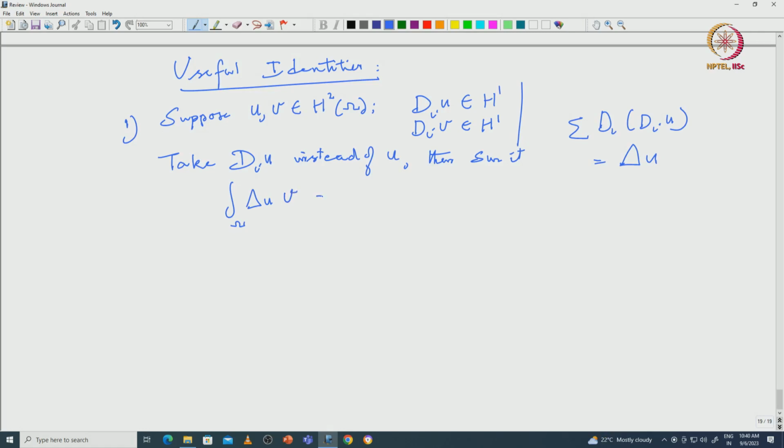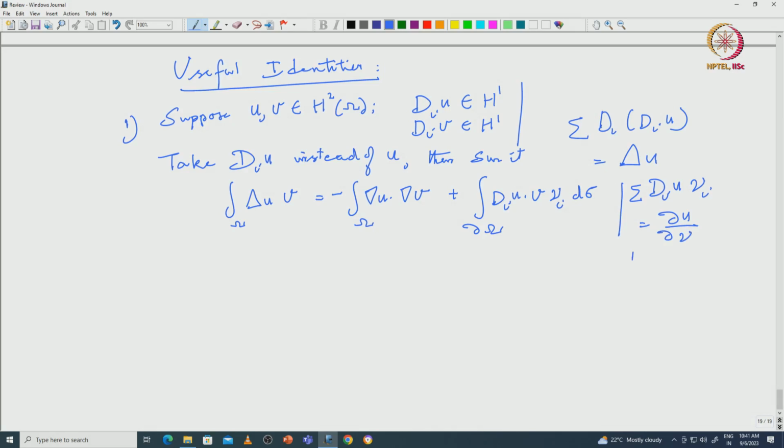On the right side you have di of u di of v, so di of u dot di of v summed, which is nothing but grad u dot grad v over omega, and here instead of gamma naught of u you have di of u v nu i over d sigma. But what is di of u nu i summed? This is nothing but your normal derivative, du by d nu.